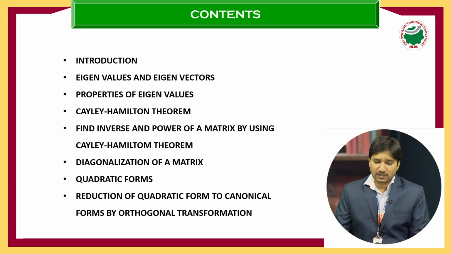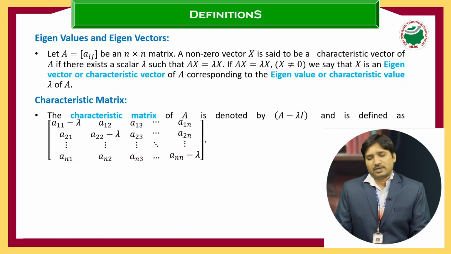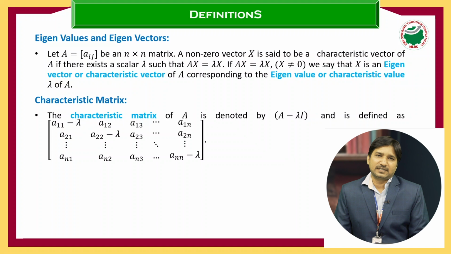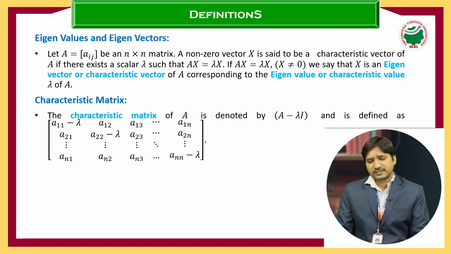Okay. So now we discuss the definition of the eigenvalue and eigenvector. Basically, eigenvalues and eigenvectors are used only for a square matrix. Let A be a square matrix, an n into n matrix.